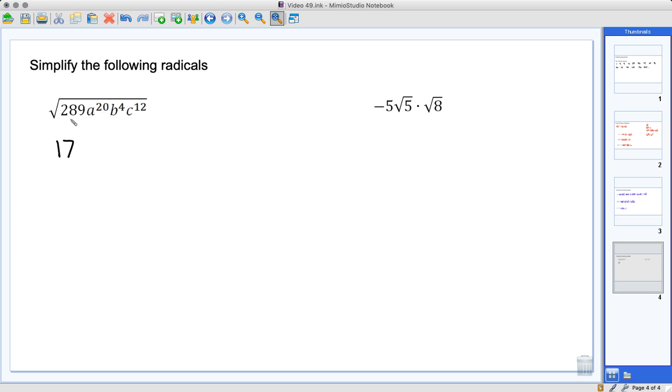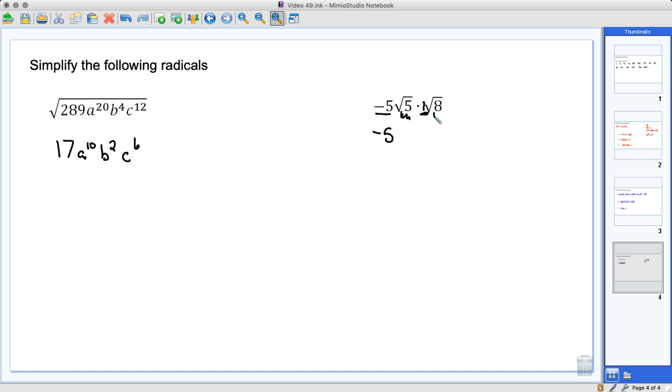Square root of a to the 20th is a to the 10th. Square root of b to the 4th is b squared. Square root of c to the 12th is c to the 6th. Then this last one, we're going to take negative 5 times the 1 that's really in front of that, so you get negative 5.